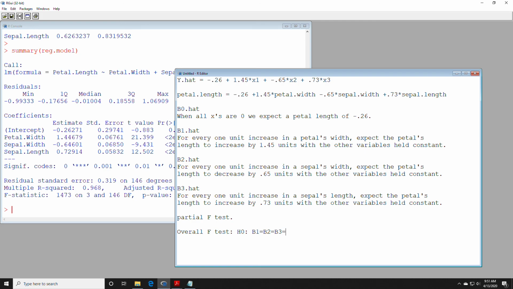It is a test of whether all of your predictor variables, or the regression parameters which go with them, are equal to 0. That's the overall F-test. In other words, it tests whether any predictor variables are useful.